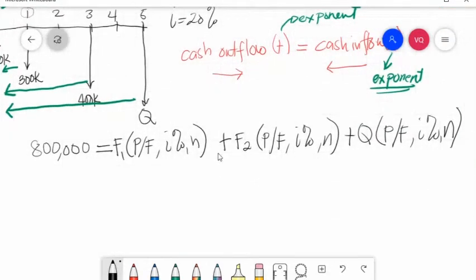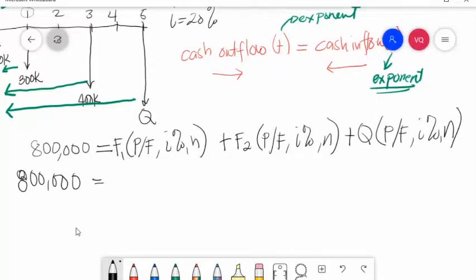Next, we will substitute all the given parameters here. This is our working equation. So 800,000, what is our F1?